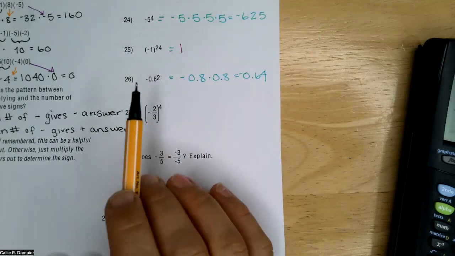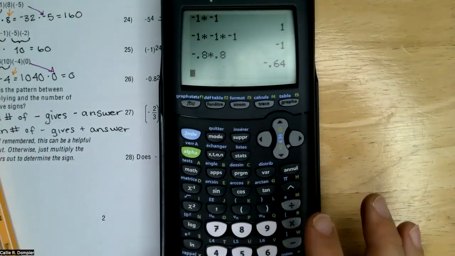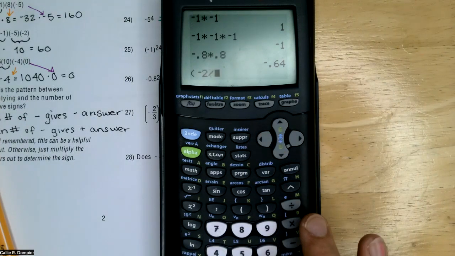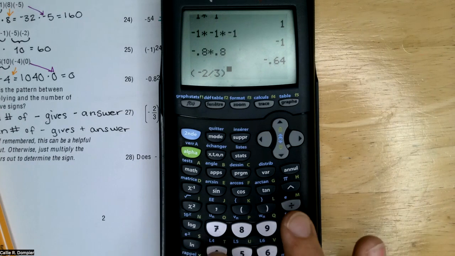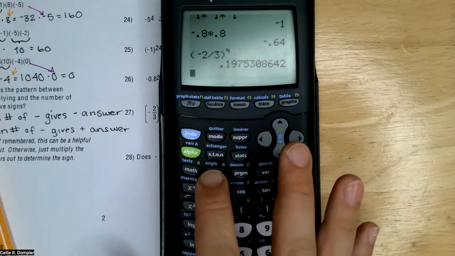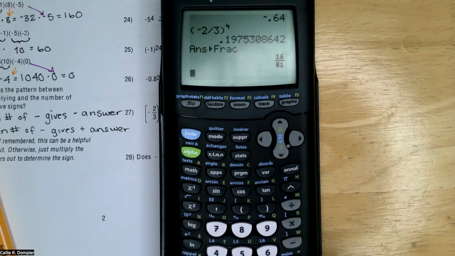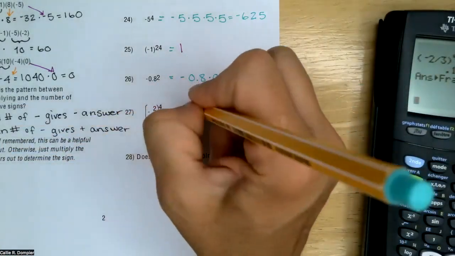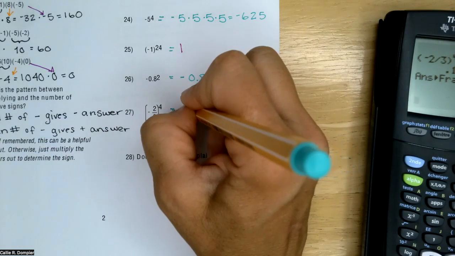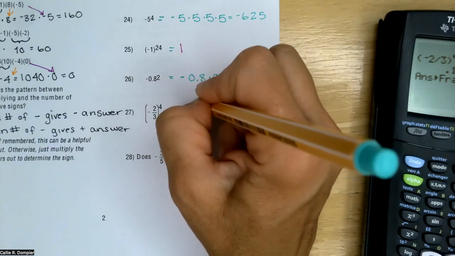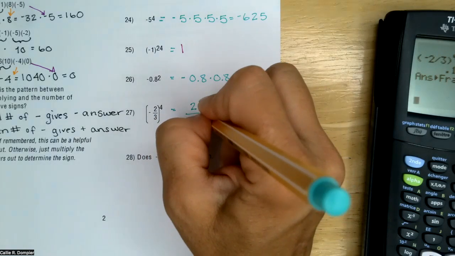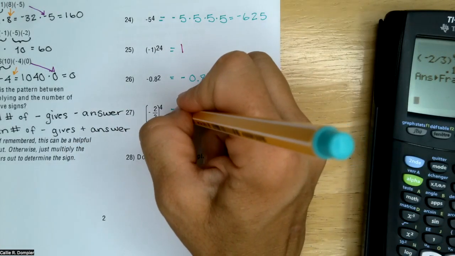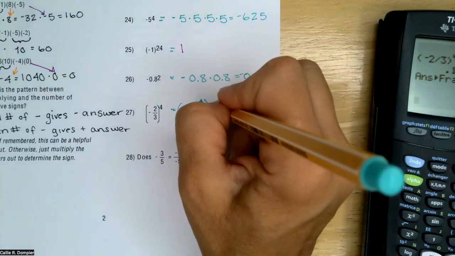Now, negative 2/3 to the fourth, best to just put it into your calculator. We're going to take 2 to the fourth power, then we're going to take 3 to the fourth power. And it was all negative, right?